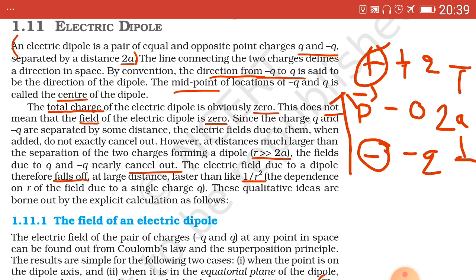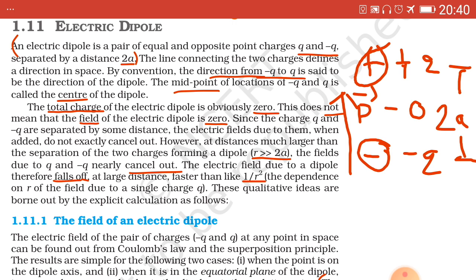It is known as dipole moment, whose direction is always from negative charge to positive charge, and this dipole moment is given by the equation vector p equal to q into 2a into p hat.